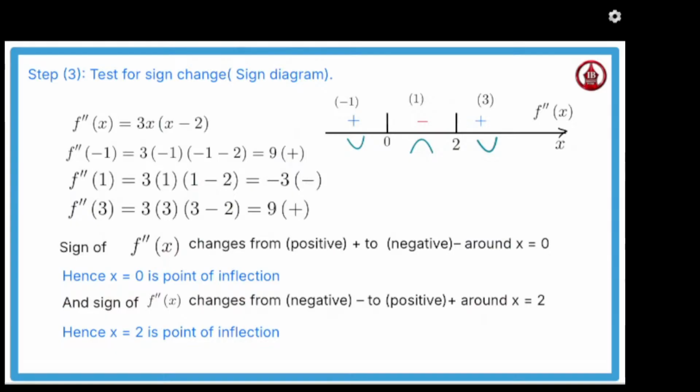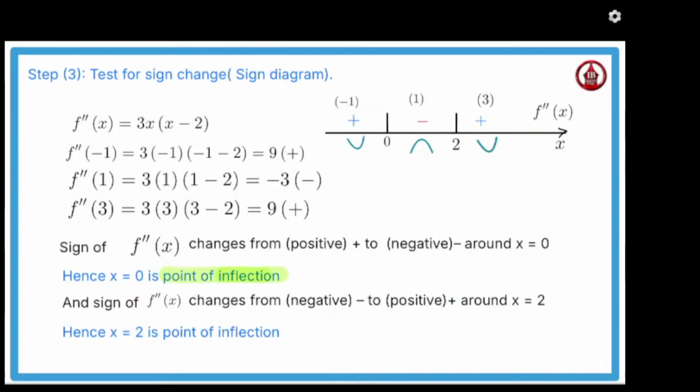So therefore, sign of f double dash of x changes from positive to negative around x is equal to 0. It changes from positive to negative. Therefore, it is point of inflection, right? It is point of inflection.